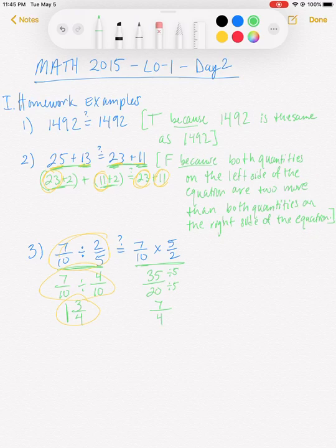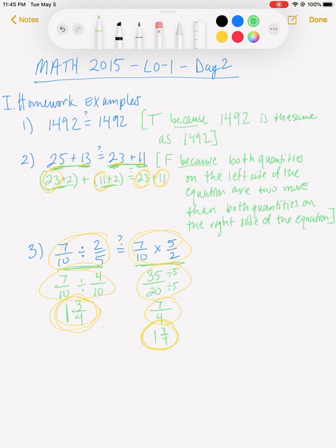And we can set that equal to 7/4. Make it like this one over here on the left side. 7/4 is indeed equal to 1 3/4. So this side has been transformed into this one, and this one, and this one. So notice that these are the same.